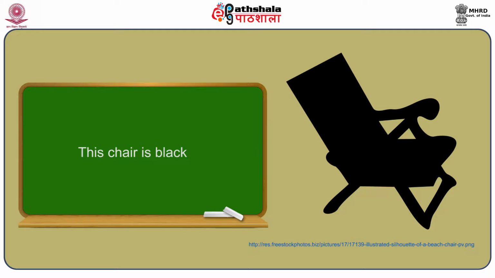So, for example, suppose I point to a chair and I say, this chair is black. Now, what the noun phrase this chair does is refer to a thing. It establishes a connection between the noun phrase itself, which is an internal syntactic object, and the black chair that is being referred to.